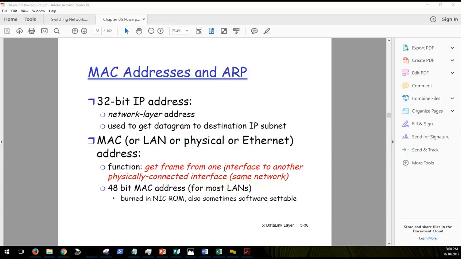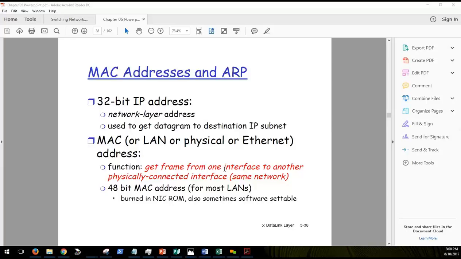So to begin with, when we talk about addressing, there are generally two types of addresses we're interested in. One is called a physical address, and the other is called a logical address.